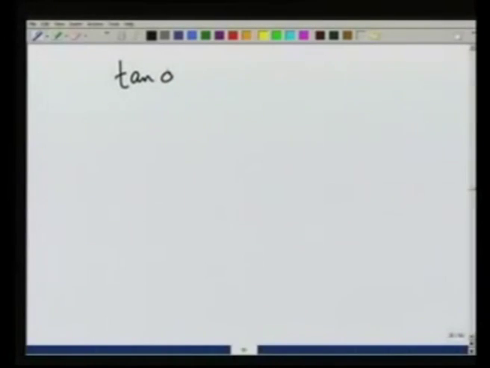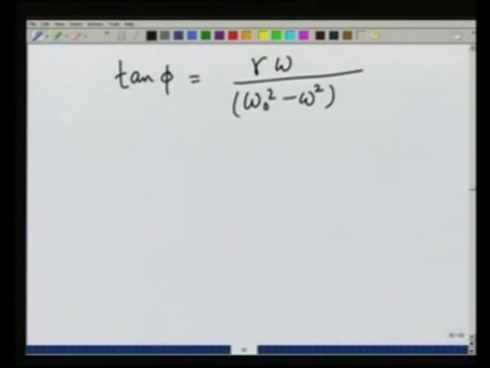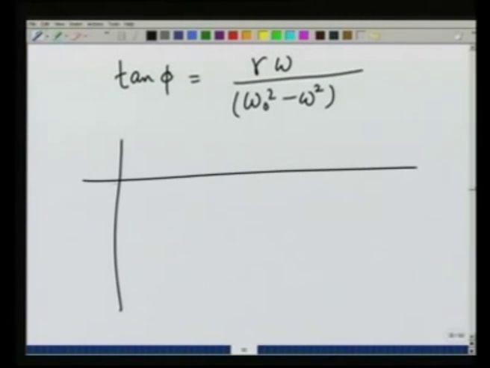How about the phase of the system? Recall that the system, when subjected to this force, lags behind the force by an angle phi, where tangent phi equals gamma omega over (omega 0 square minus omega square). So, for very low frequencies, if this is omega and I plot phi versus omega, the phase is almost the same as the applied force. So, the system is moving with the applied force.